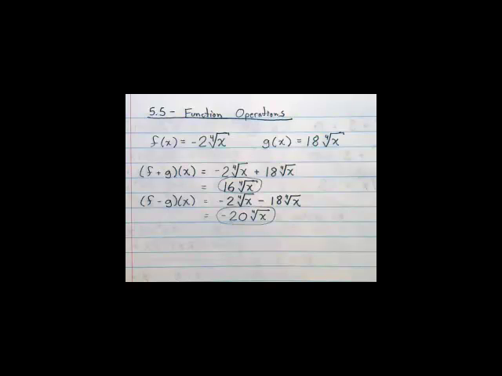I'd be -2 third root of x plus 18 fourth root of x. Not the same thing, so that's as much as I could do. Just put the plus sign in between them and I'm done. But if you can simplify them, you need to. So in this case, because they were the same, I could put those together and then rewrite it in a simpler way. So that's kind of what you're going to be looking at. Sometimes you can simplify it up a little bit. Other times it's just a matter of putting a little plus or minus between the two things and you're done.